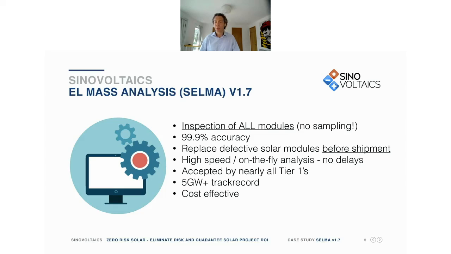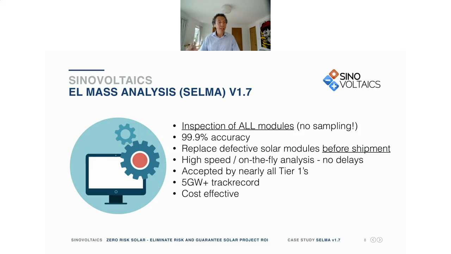And the way it works is we set up a data stream to our server inside the factory, and then high-resolution EL images are being uploaded. And while that's happening, the software starts analyzing, and defects are automatically marked. And this is happening on the fly, so we can keep up with high-speed production.